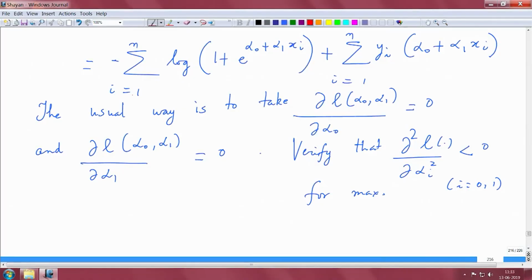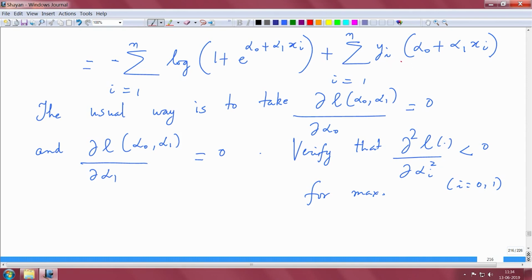Now, we get this quantity to be minus summation i equals 1 to n log of 1 plus e power alpha naught plus alpha 1 x i, plus summation i equals 1 to n y sub i times alpha naught plus alpha 1 x i.